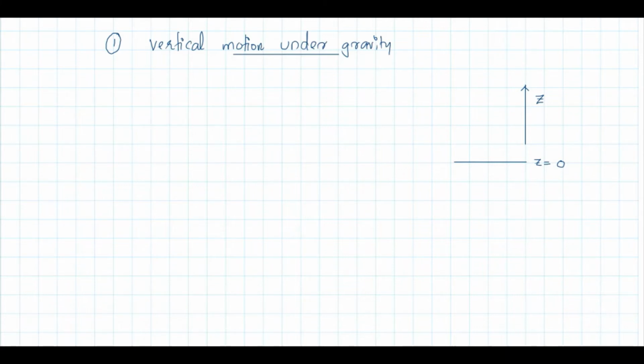Suppose we have a particle which is constrained to move only along the z direction under the action of gravity. The gravitational force acting on this mass is vertically downward.